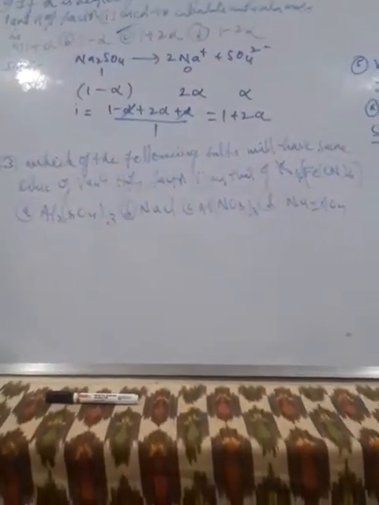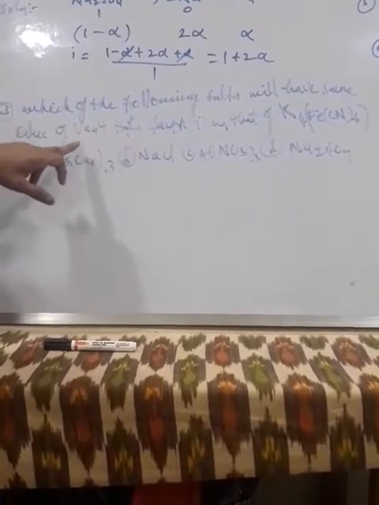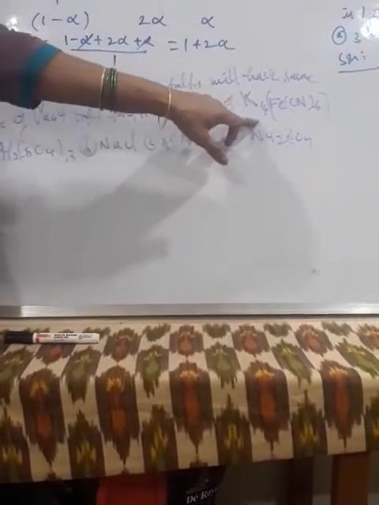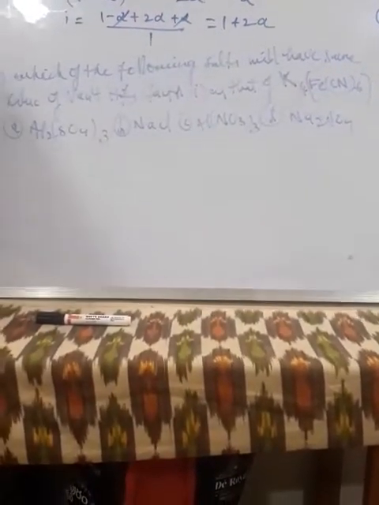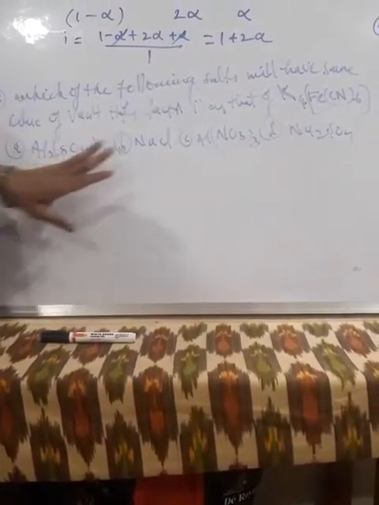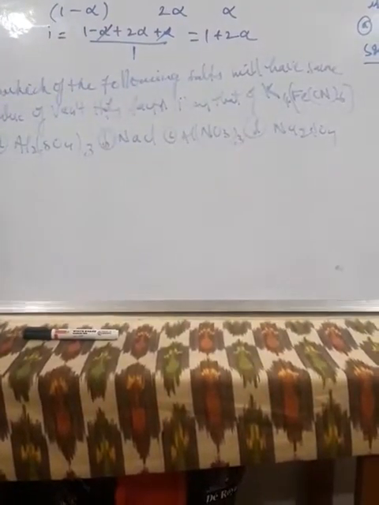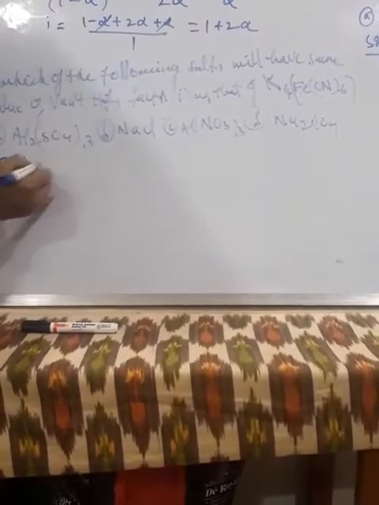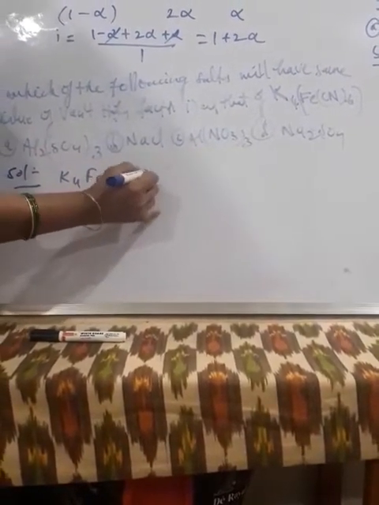Next, which of the following salts will have same value of Van't Hoff factor as that of potassium ferrocyanide, K4Fe(CN)6? Different options are given: aluminium sulfate, sodium chloride, aluminium nitrate and sodium sulfate. So come to potassium ferrocyanide, K4Fe(CN)6.